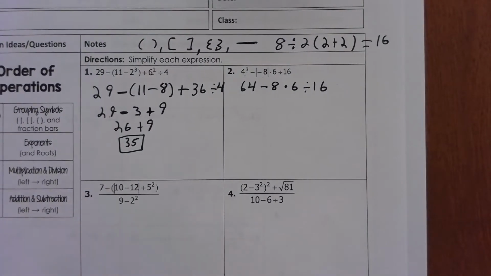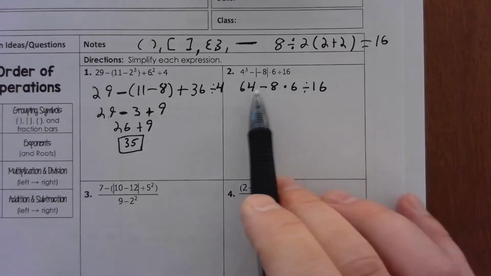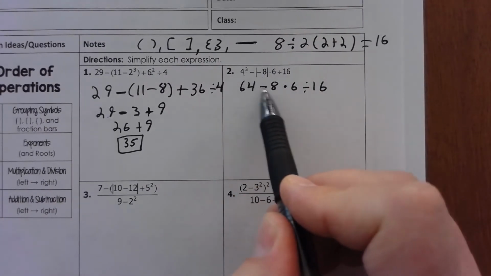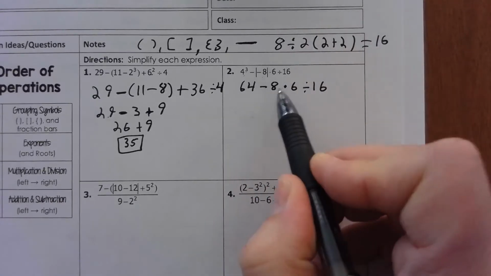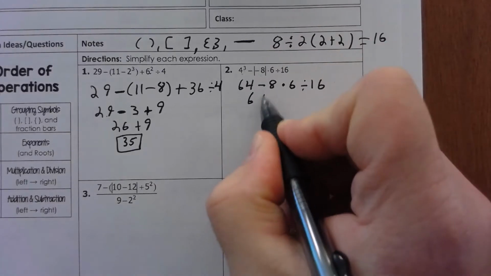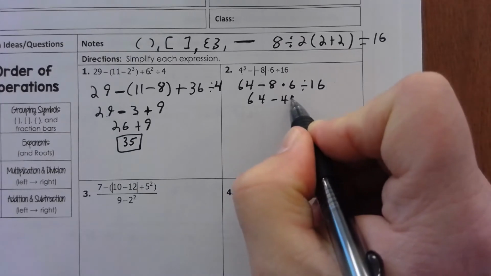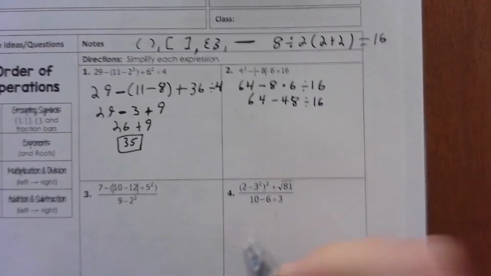Okay, so from left to right we're going to go, because all I've got left now are addition or subtraction problems and multiplication and division. So the subtraction is definitely going to be done last. 64 minus whatever, it's going to be last. But from left to right we're going to go 8 times 6, and that is 48 divided by 16.